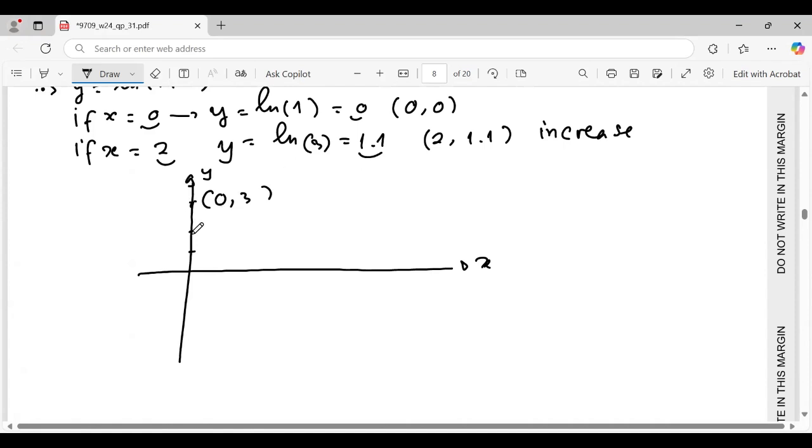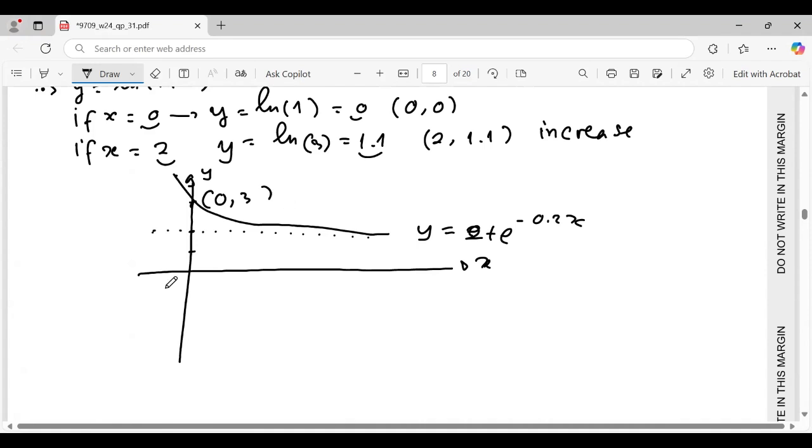This is infinity here. So the graph will be like this. This is the graph of y equals 2 plus e power minus 0.2x.